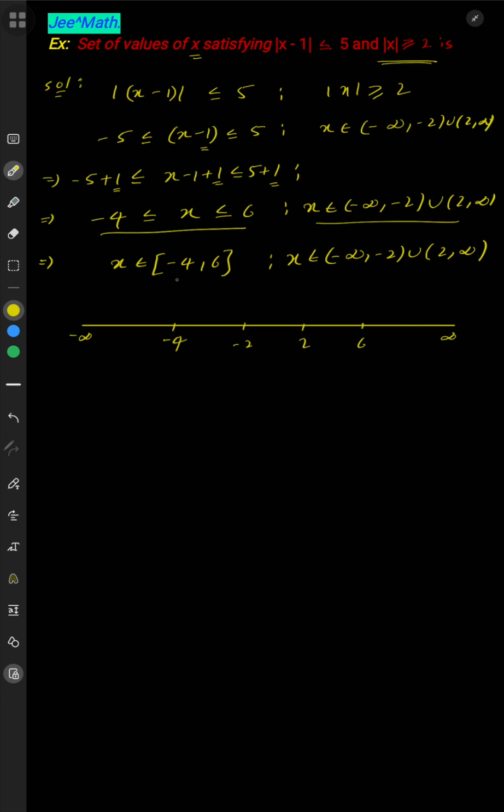From the first interval you have −4 to 6. From the second interval, −∞ to −2, and next 2 to ∞. So what about the common values? These are the common values, correct?